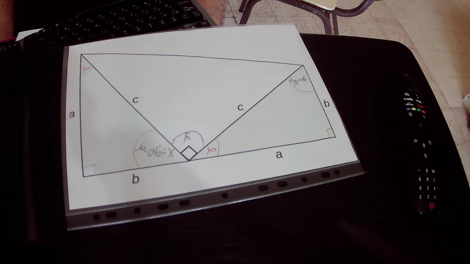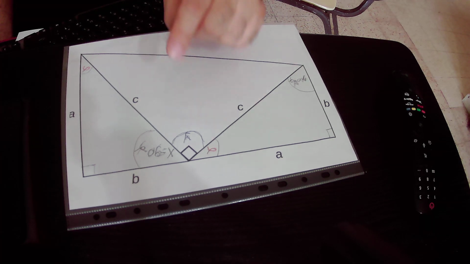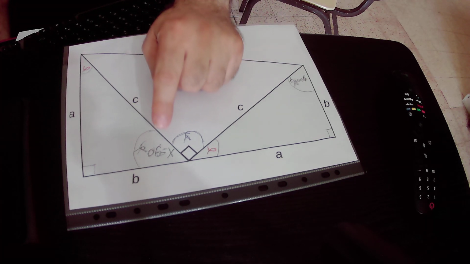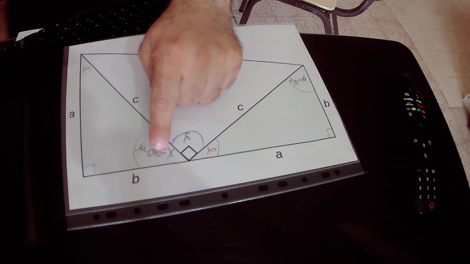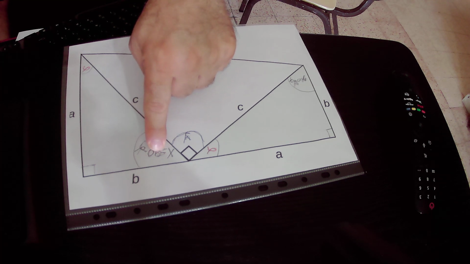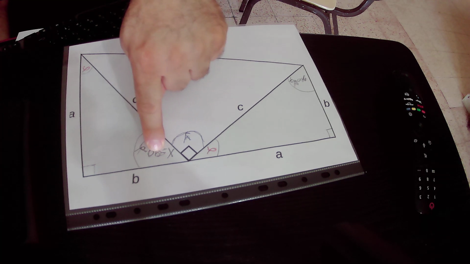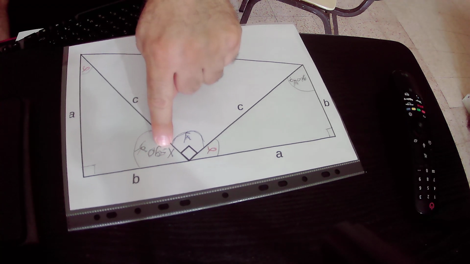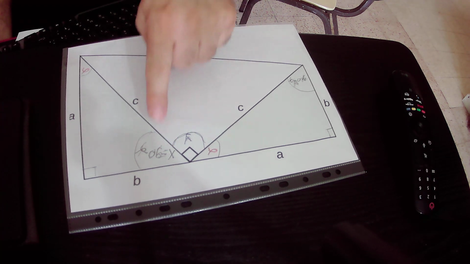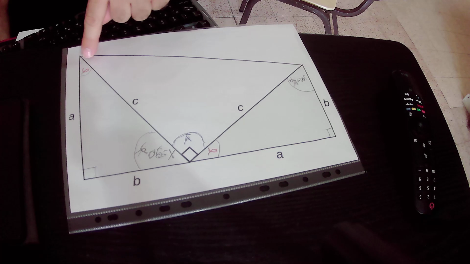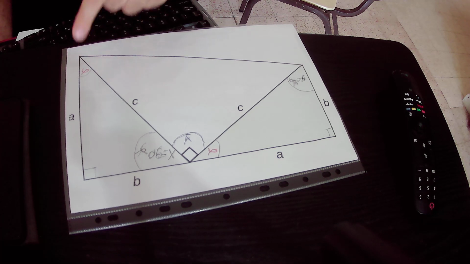Therefore, the other angle, which we don't know, we will mark as x. So x plus 90 plus alpha equals 180 degrees.